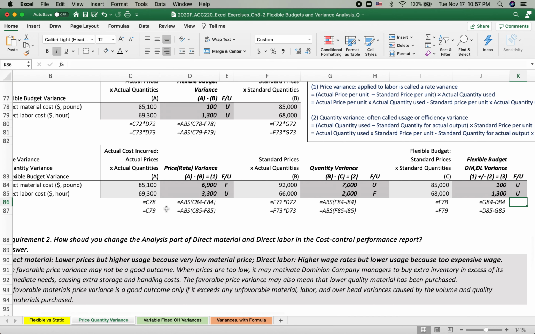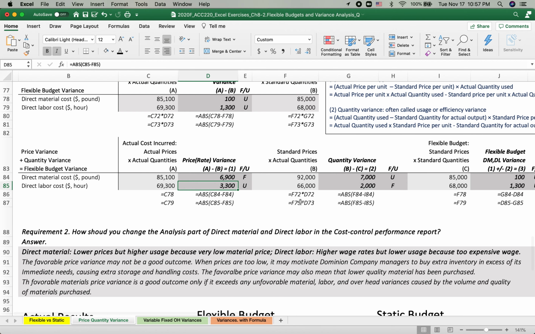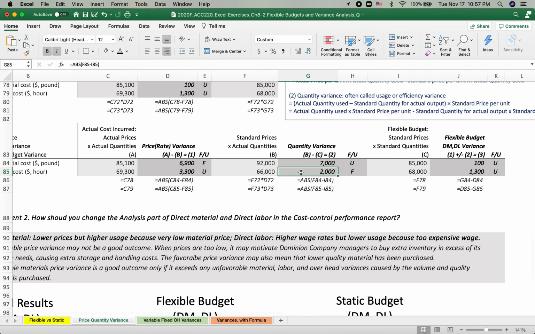So what is this case? Now when the company produces 8,500, which is much higher than the 7,000 activity level, the direct labor cost is now unfavorable. That means that they hired expensive labor, but now they use fewer hours when they produce 8,500. So now it's more efficient.